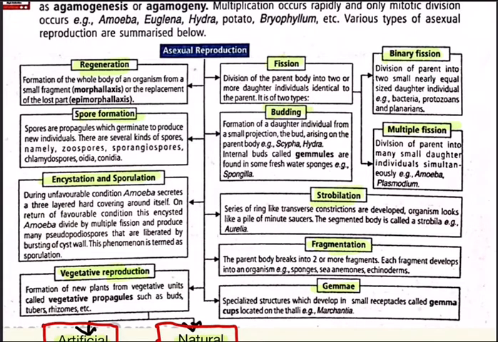We can define a spore as an asexual part of a parental body that generates a new individual. So it is basically a vegetative part. It is not a gamete, no. It is a vegetative part.